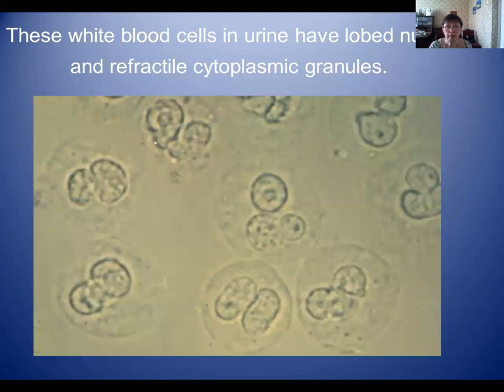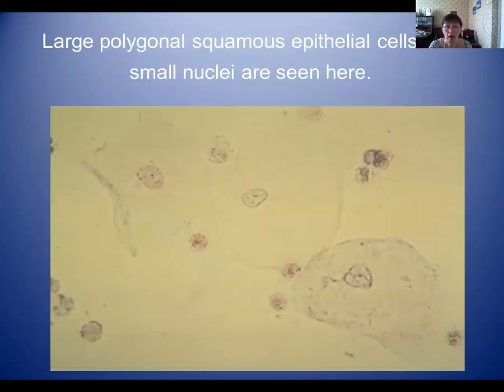So here we see white blood cells in urine, and if their amount is high, it will be the sign of inflammation and urinary tract infection. Also, we can see epithelial cells in urine, especially in affection of the lower part of the urinary system.